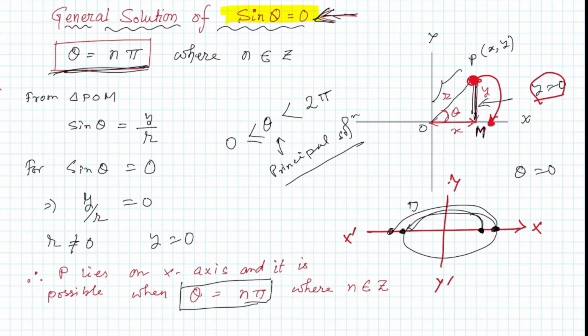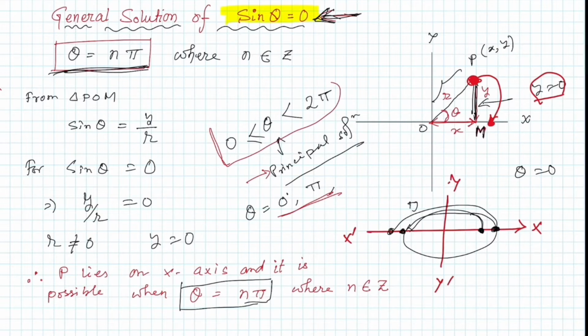In this case, sine theta is equal to 0 at theta equal to 0, at theta equal to pi, at theta equal to twice pi, and so on. But we have to take only these two, 0 and pi, if we need to find the principal solution, because these two lie within this interval.